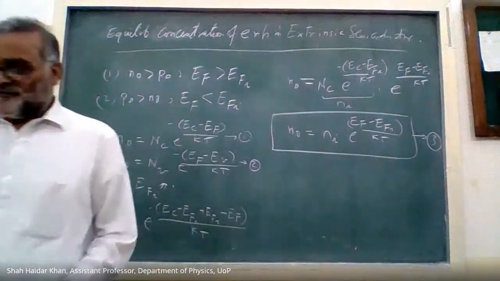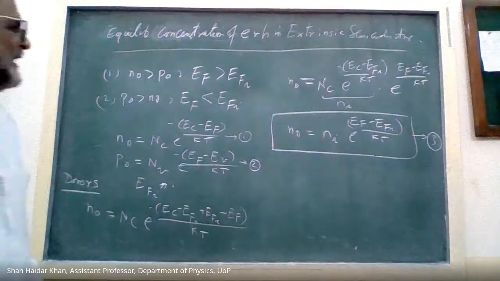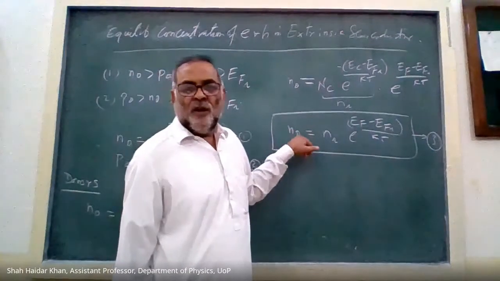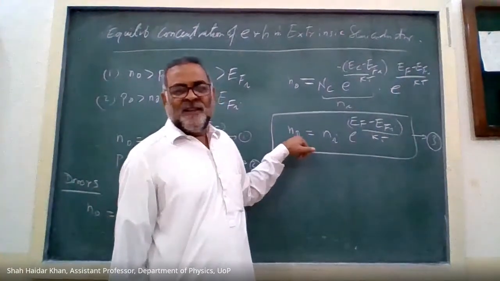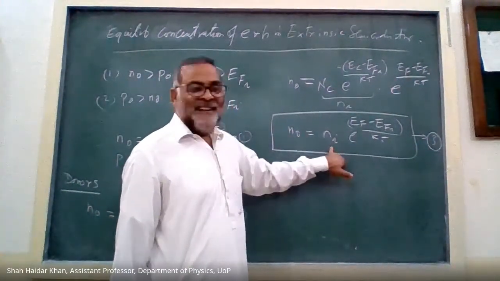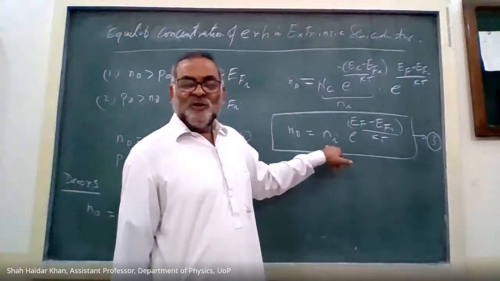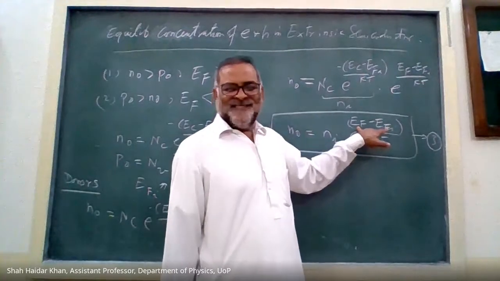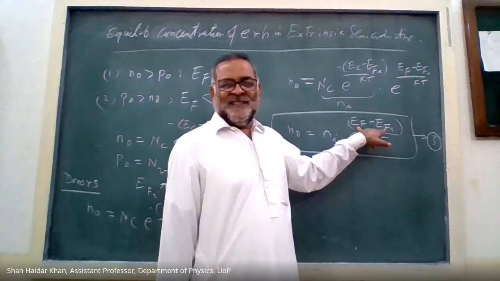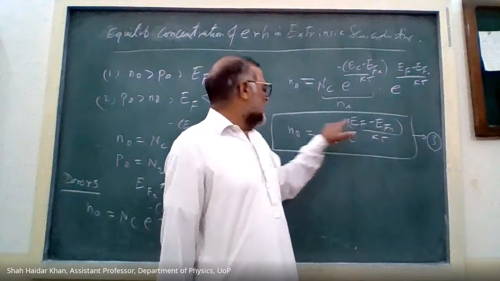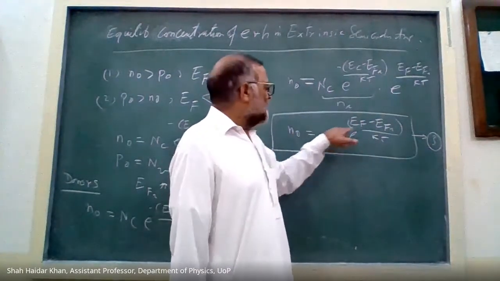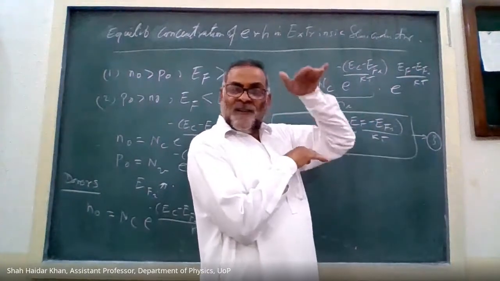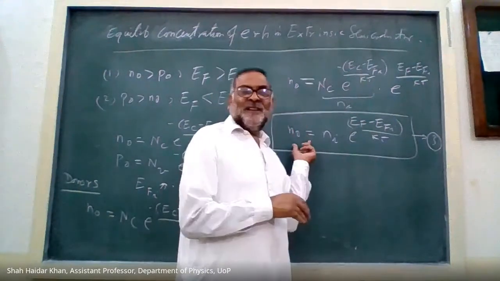So look, now the equilibrium carrier concentration in the case of an extrinsic semiconductor is given by this. n naught is equal to ni if Ef and EFi are the same, so that the difference is equal to 0. The more the Fermi level goes above the intrinsic Fermi level, the more the concentration of electrons increases.